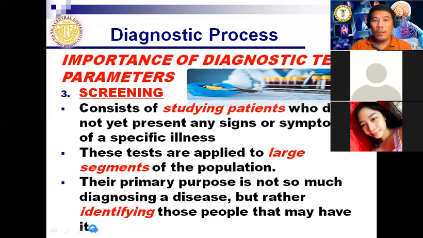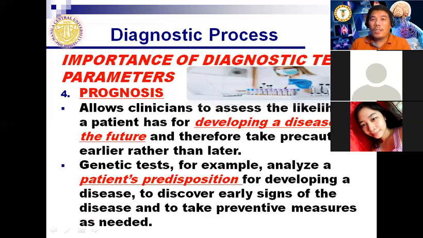Next is all about prognosis. Prognosis, as defined, is the chances of recovery of clients, or the chances the client may be low risk or high risk in developing complications. As for the patient's predisposition, if the client has a familial history, then this could also be taken into consideration.